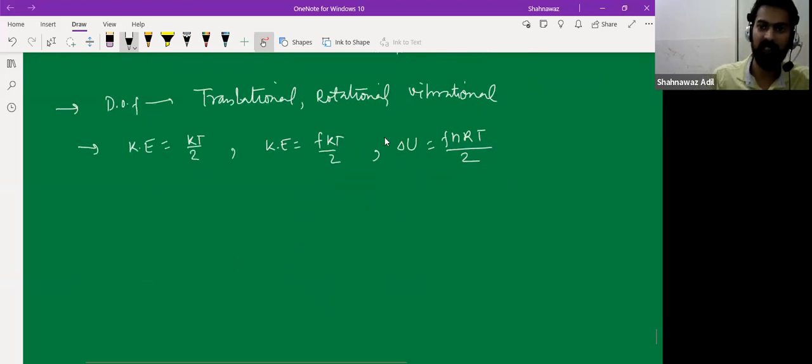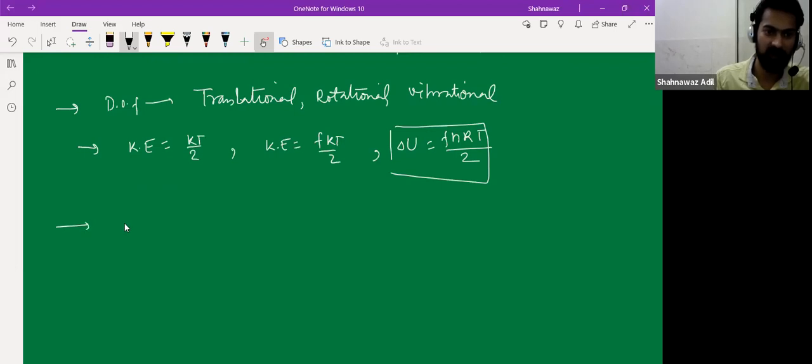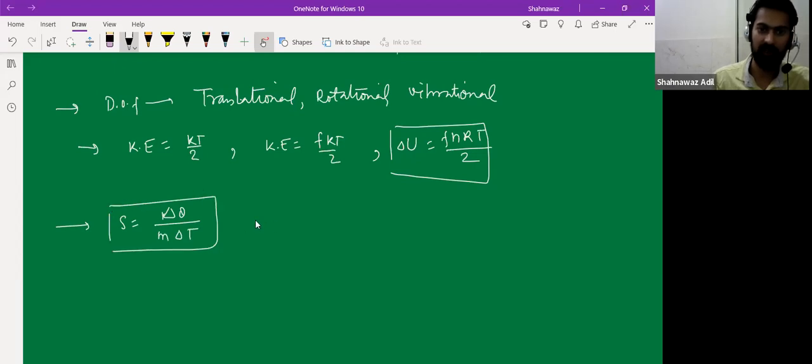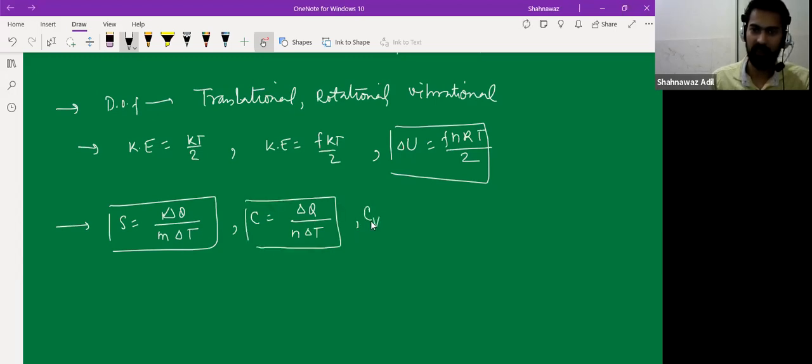The specific heat capacity. One was the specific heat capacity, which was delta Q by m delta T, right? And then we calculated the molar specific heat capacity, which was delta Q by n delta T, right? And then we calculated this, which was fR by 2.